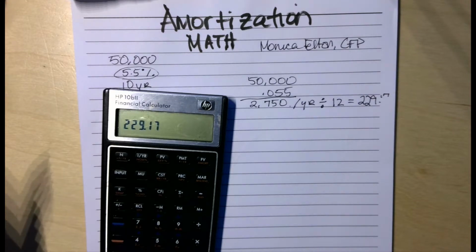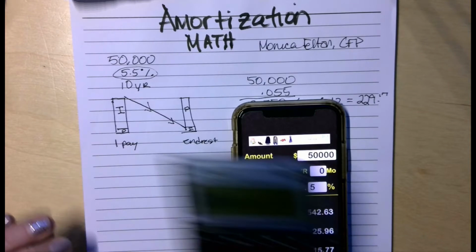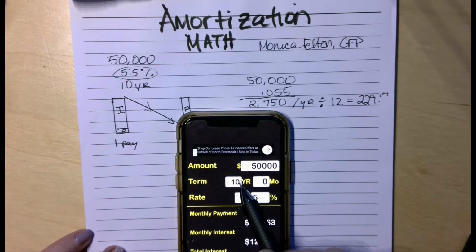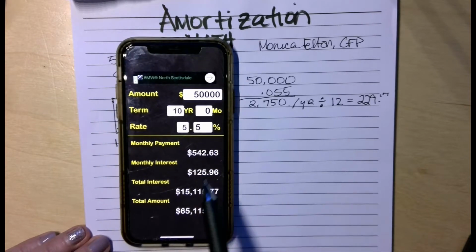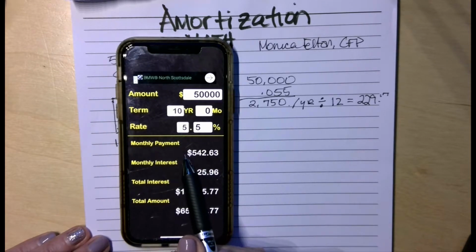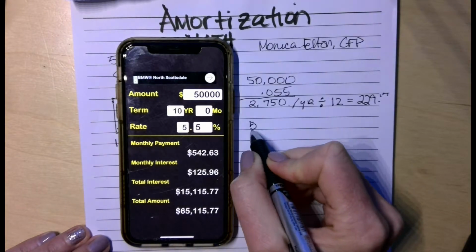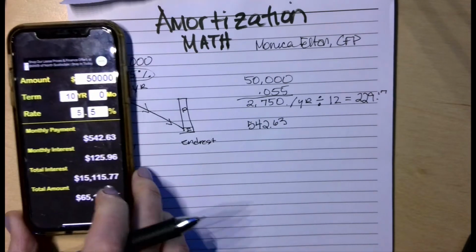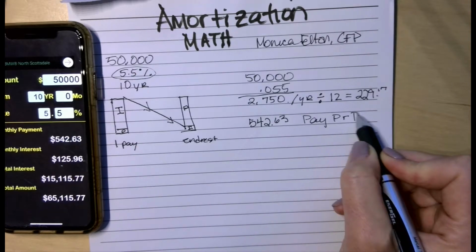So let's go to an amortization calculator and put in $50,000, 10 years at 5.5% interest. And what this shows us is the monthly payment is actually going to be $542.63. That's the payment with principal and interest.